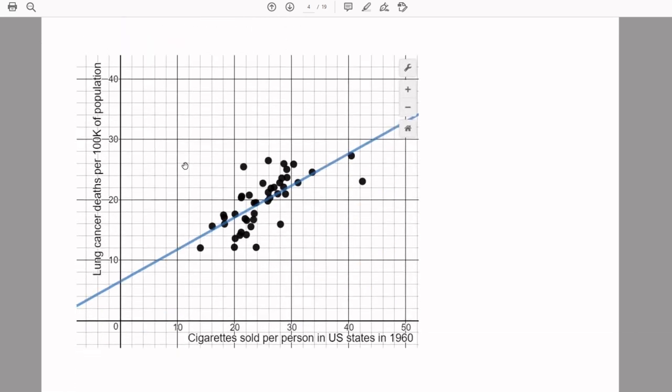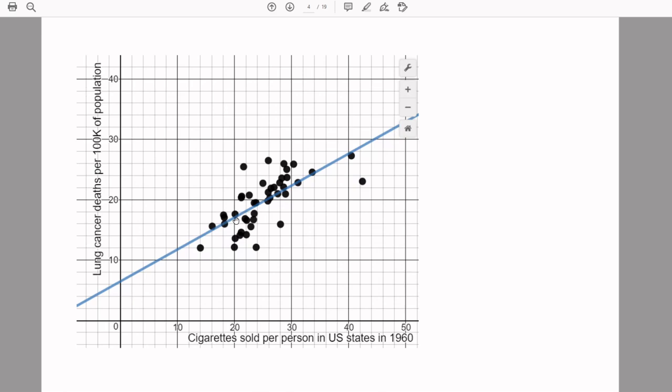So here's some real life data actually. This is quite old data from the 1960s. Cigarettes sold per person in the United States, and lung cancer deaths per 100k of population in different states. And you can see there is some correlation here.